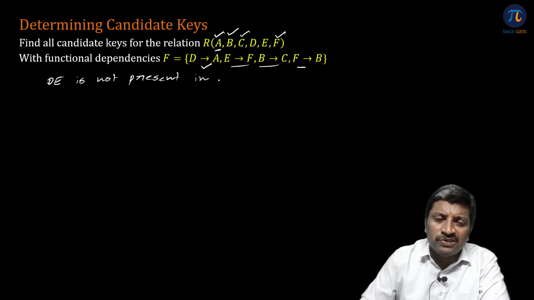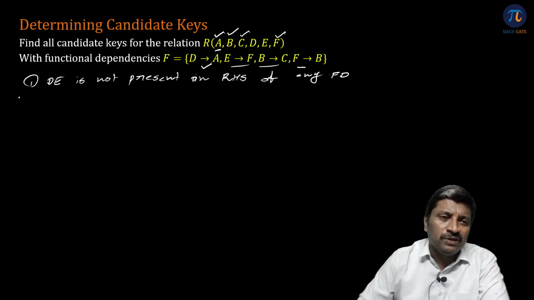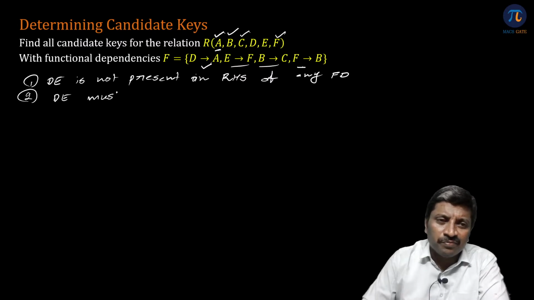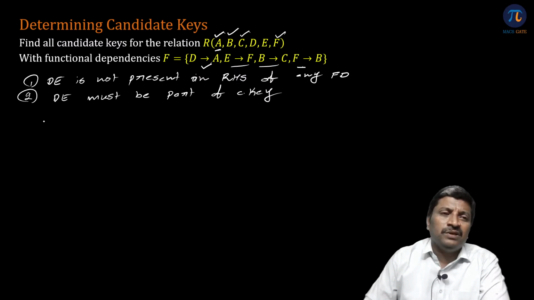DE is not present on the RHS of any functional dependency. So what does it mean? D comma E must be a part of the candidate key. So let's try directly DE.